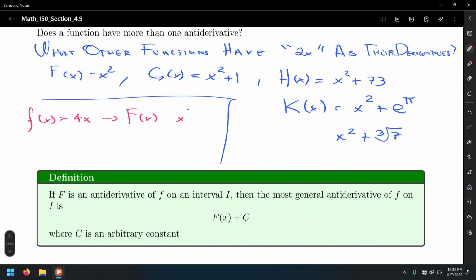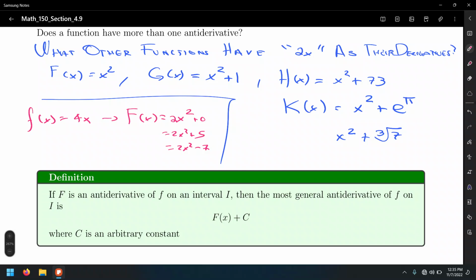So there's some x squared, right? But times what is going to give me a 4? 2. But that's only one antiderivative. That's essentially 2x squared plus 0, or could be 2x squared plus 5, or 2x squared minus 7. Do we really have time to write infinitely many antiderivatives?